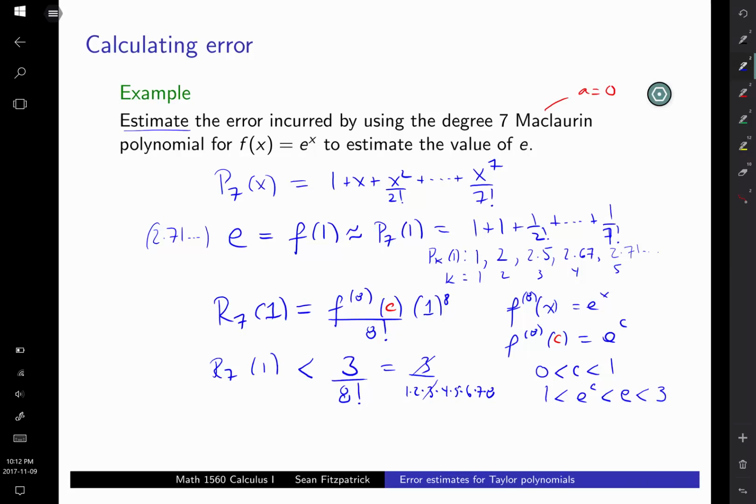That's already a pretty big number. 5 times 6, that's 30. 7 times 8, 56. Then the rest we've got, so like 240 times 56.